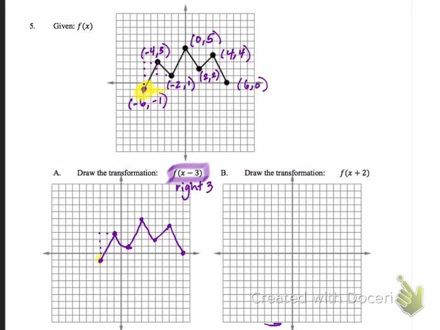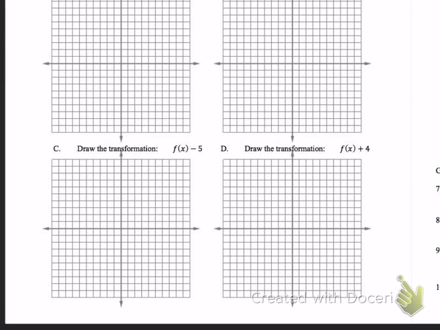So for B, I'm not going to draw this picture just to save time, but what transformation is happening in B? Left 2. Good. So what is happening in C? What transformation is happening in C? Down 5. So I want you to try drawing down 5, and you're going from the original picture. Down 5.